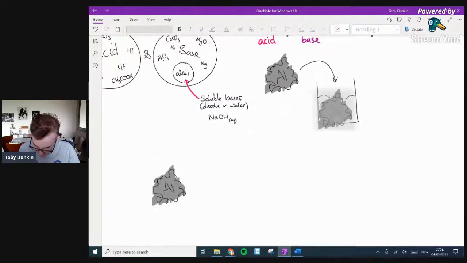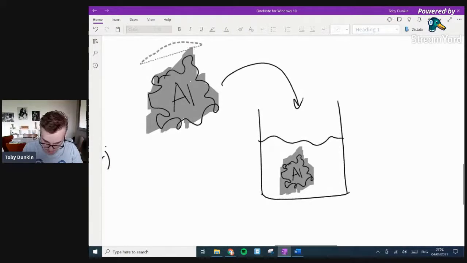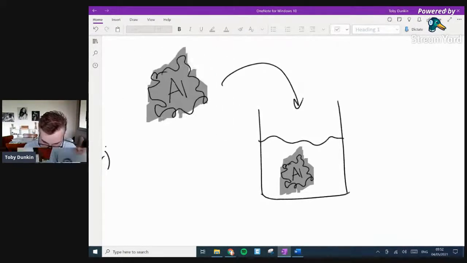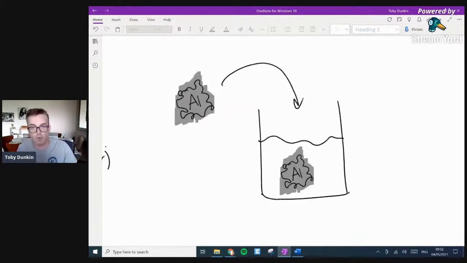What you would absolutely agree with me, Zyna, here is that the aluminium foil is going to do absolutely nothing. We know this. The foil wouldn't dissolve. It would just sit there in the water.